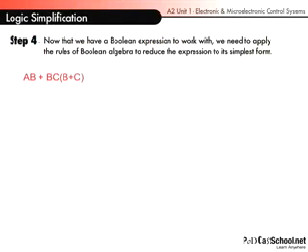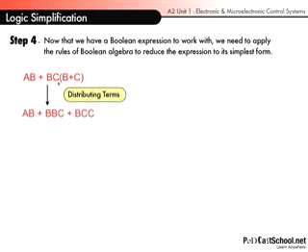So what we must now do is use the identities that we've learned in order to reduce this Boolean expression. First of all, we'll distribute terms. In other words, we'll multiply out the brackets. So we have AB, or BBC, or BCC. Okay, so we've just multiplied out those brackets. Now, we're going to apply an identity here.